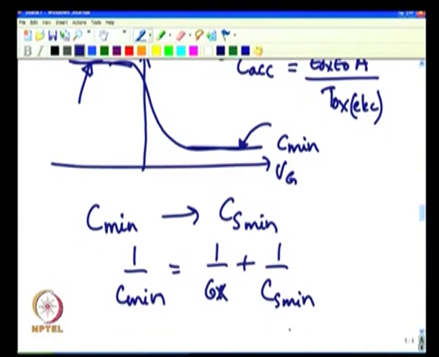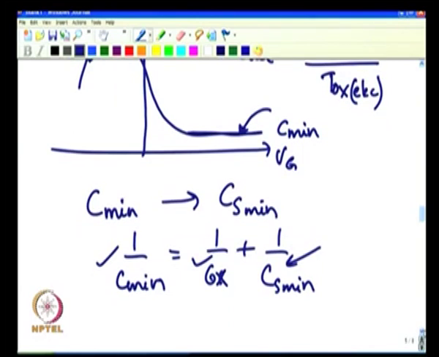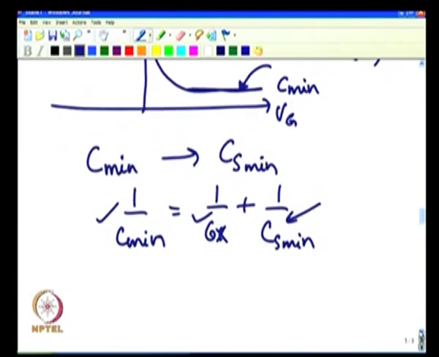So, you need to first get the silicon capacitance from this, because this is oxide capacitance, you can always get the minimum silicon capacitance. Now, you also know the area. Once you get minimum silicon capacitance, you remember always we deal with per unit area capacitances when we do calculations, right.